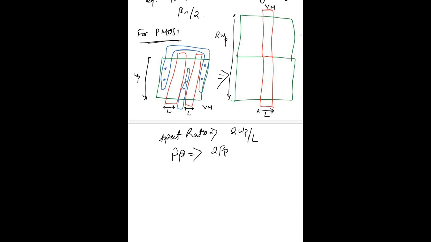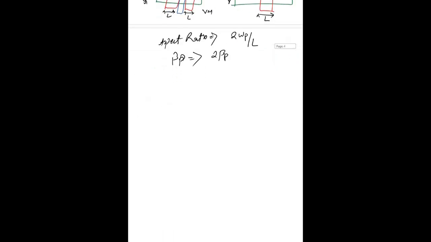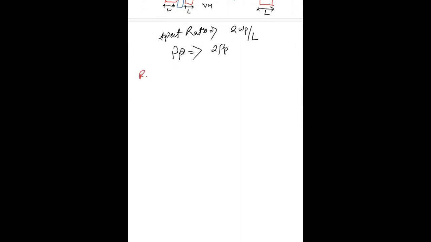So the rule to remember for parallel and series connected MOSFETs is this: obviously it can be NMOS and it can be PMOS. For a NOR gate, we will have parallel combinations in the NMOS case and series combinations in the PMOS case. So that can be changed. For a series combination, we have to join our MOSFETs side by side.